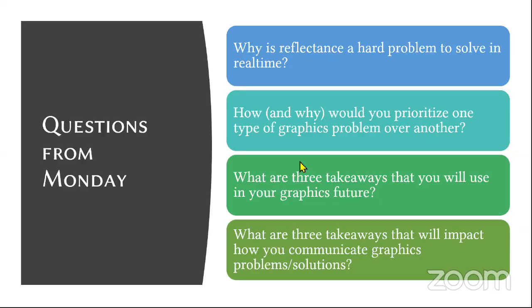Okay. What do you think, Daniel? When you hear reflectance, what do you think about? The way a reflective surface portrays something that's on the opposite side. Like a reflection? So there's reflection, which is a little bit different than reflectance.